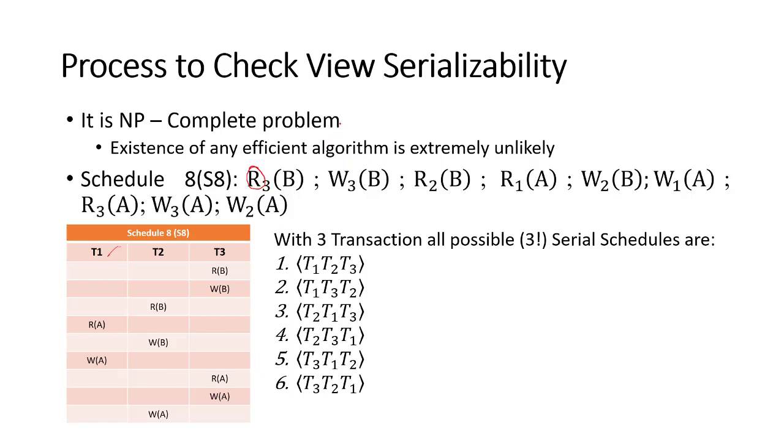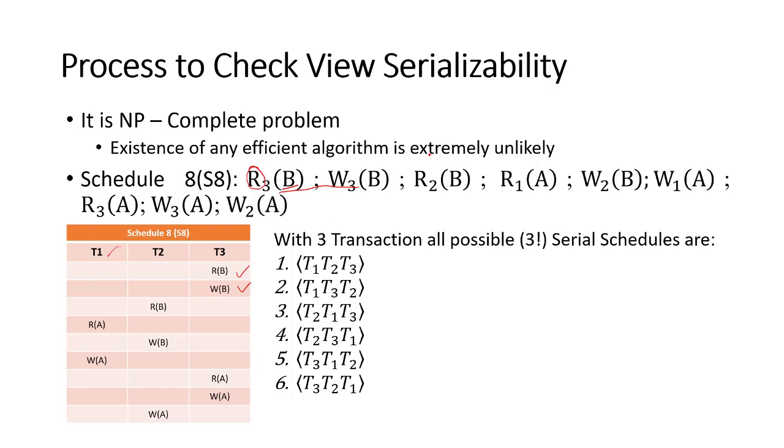The first operation is a read operation done by transaction 3 on the data item B. Similarly, the second operation is done by transaction 3 and it is a write operation, writing the B data into the database. These first two operations are represented in this tabular form of the schedule for your better understanding.